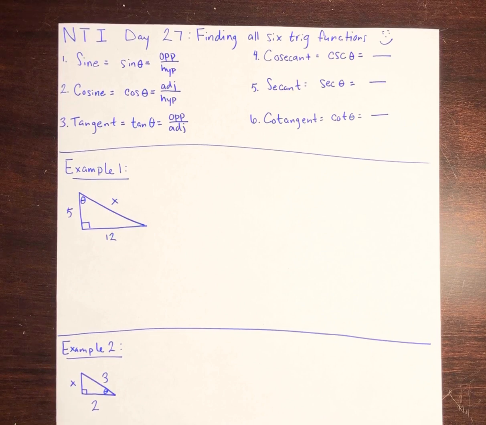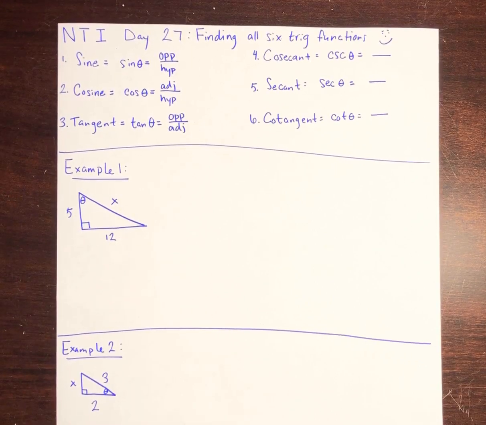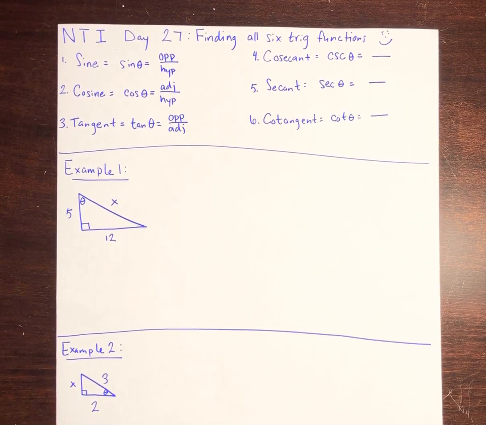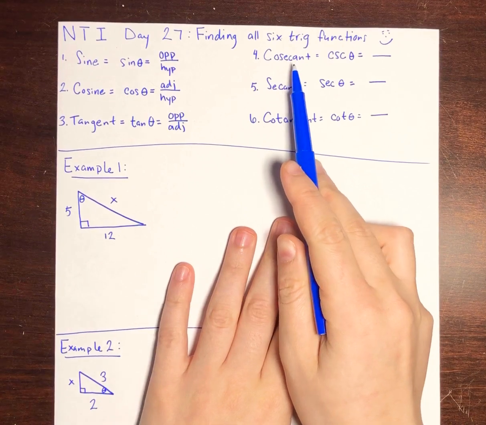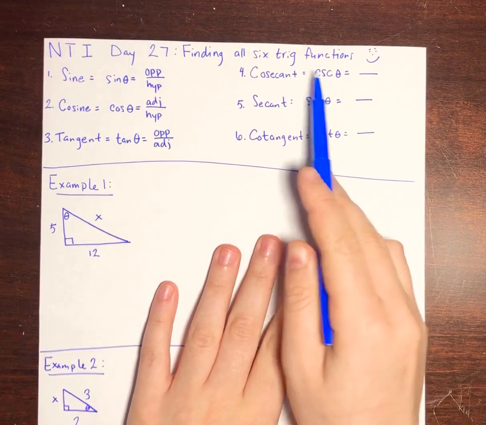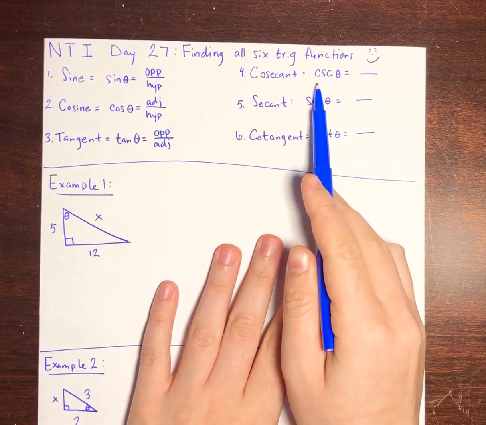Then we have 3 other trig functions, and they're going to be the reciprocal functions, which just means that they're the flipped version of our original functions. So first we have cosecant, and that is abbreviated to CSC.